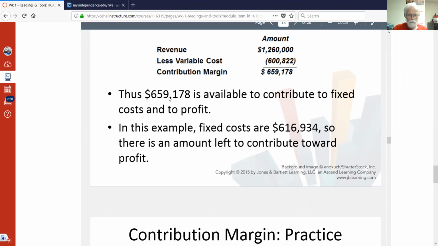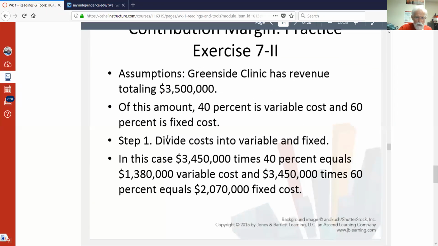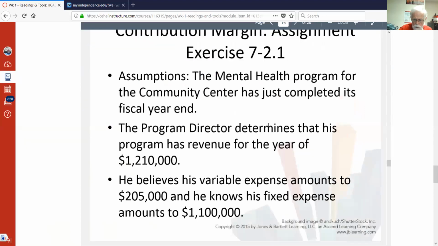So in this example, if the fixed costs are this much and the contribution margin is this much, the difference between them is profit. So we'll just keep going because we're getting close to running out of time here.